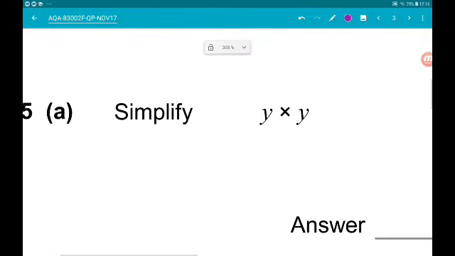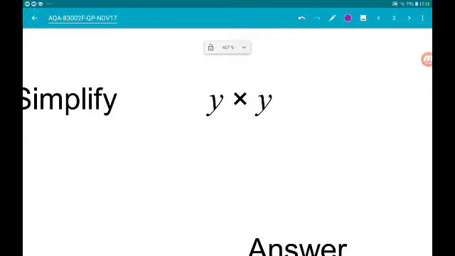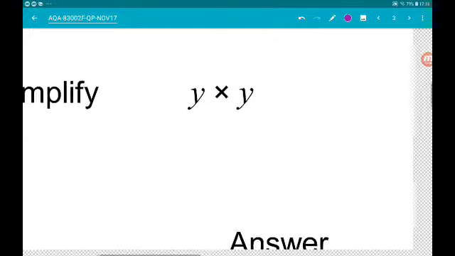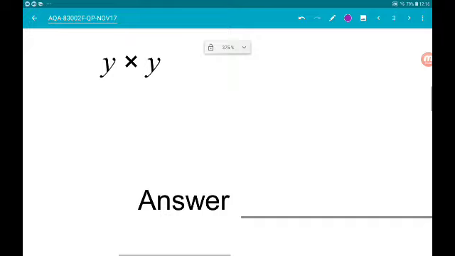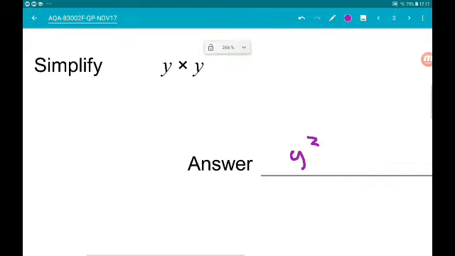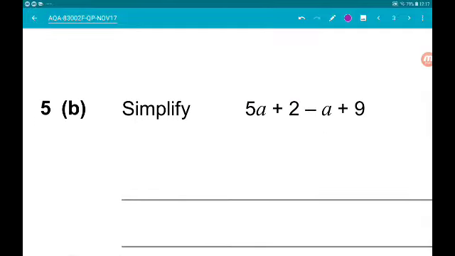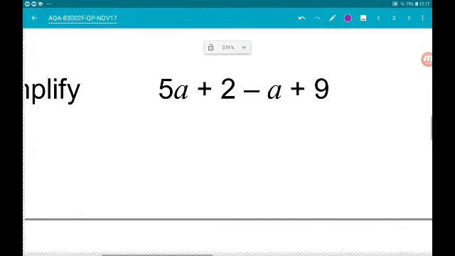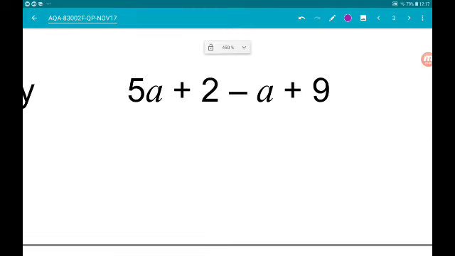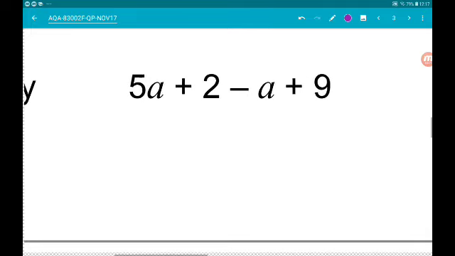Question 5a wants us to simplify y times y. So that's y squared. If it was y and y, it would be 2y, but it's y times y. Part B wants us to simplify 5a add 2 minus a add 9.